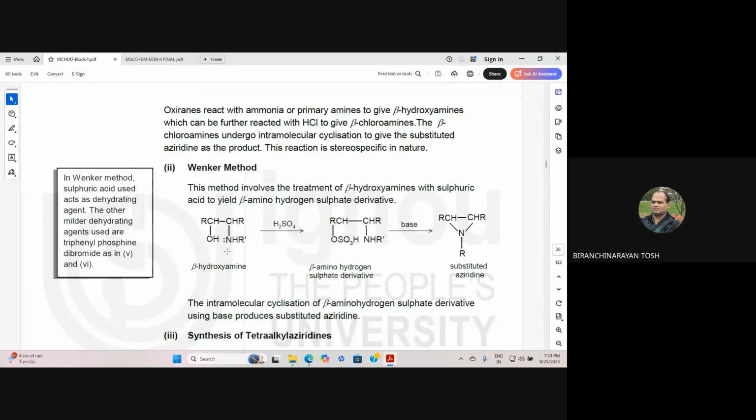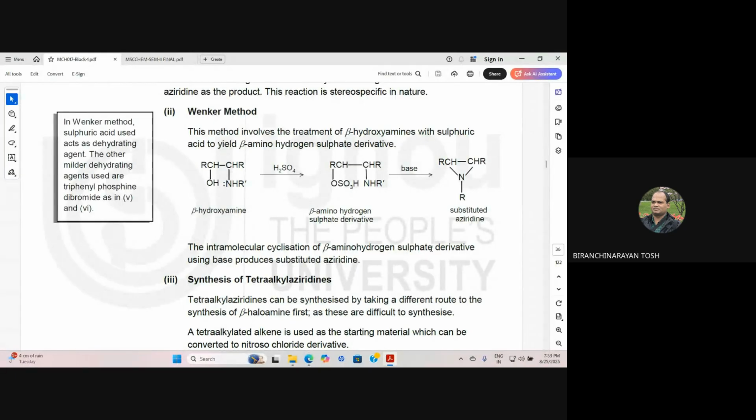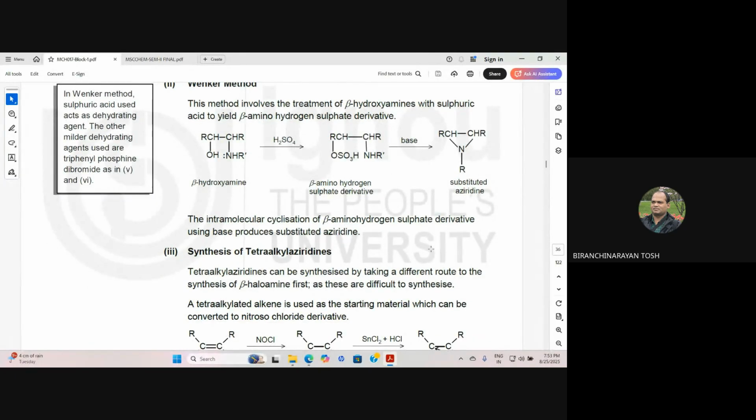If you take NH2 also, the same thing will happen. You will get aziridine. If you are taking a secondary amine, then you will get a substituted aziridine. This is also intramolecular cyclization of a beta amino hydrogen sulfate derivative.